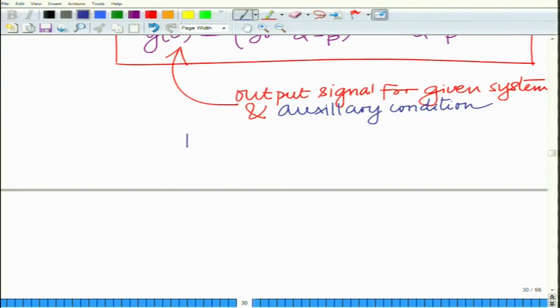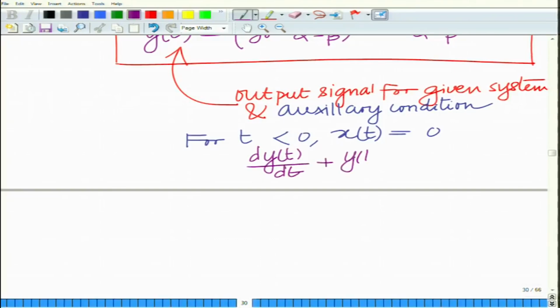For t less than 0 we have x(t) equals 0, which means dy(t)/dt plus alpha y(t) equals 0, and the solution that satisfies this is again simply the homogeneous solution.